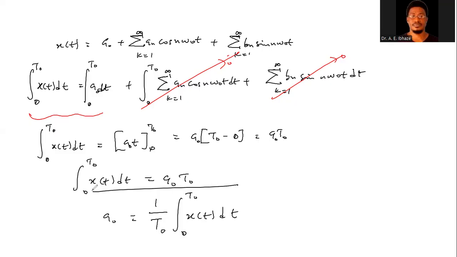So once we are given the periodic signal, for us to be able to evaluate A naught, the first term of the coefficient, then this works for us. Is that clear?